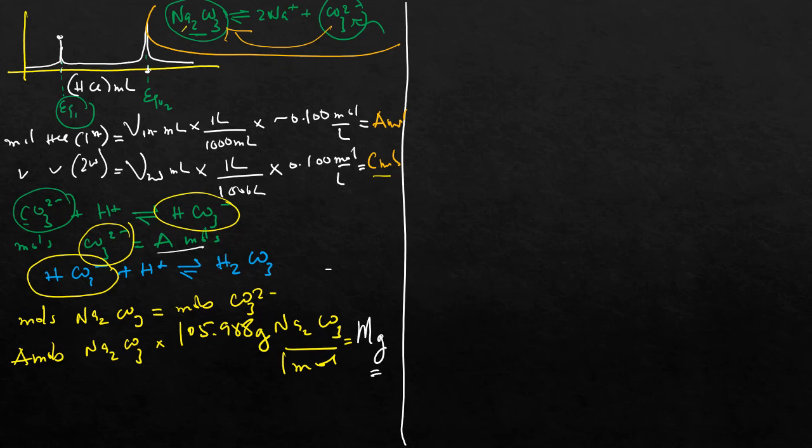How do we get the actual grams of the bicarbonate in the mixture? To get the moles of the bicarbonate in your mixture, it will be equal to the moles of HCl reacting at the second equivalent point, which you got as C moles, minus twice the moles of the reaction of your HCl with the carbonate. So that I wrote A moles.